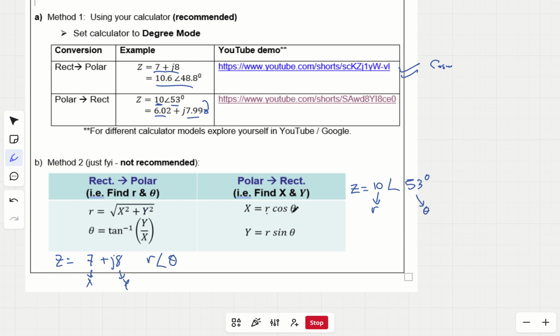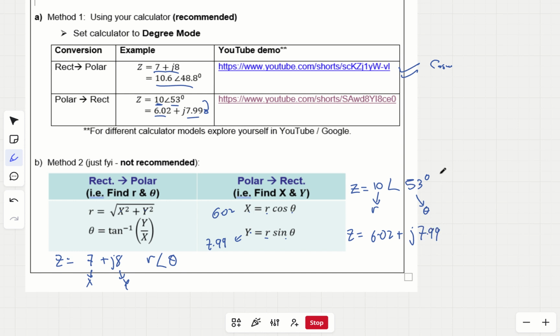Then just replace here and you get x and y. Your x will be about 6.02, y is 7.99. Then you can just write in your rectangular format 6.02 plus j7.99.